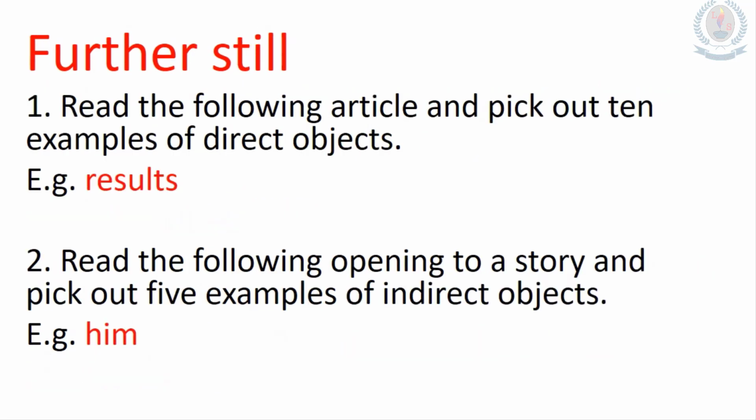Okay, children, let's go to the next one. Further still, you have got 2 activities here, 1 and 2. First one: read the following article and pick out 10 examples of direct objects. The first sentence: scientists who have been analyzing the result of a series. Here, if you follow my method, scientists have been analyzing.